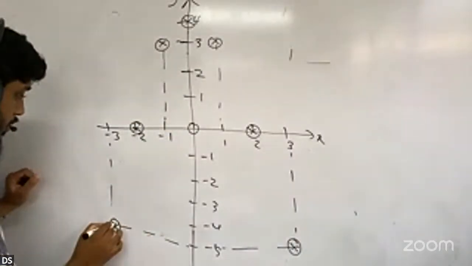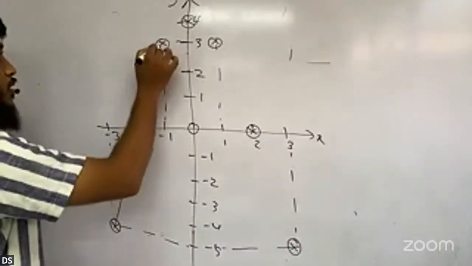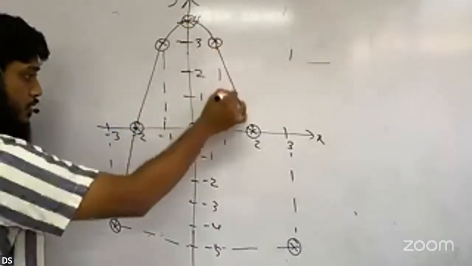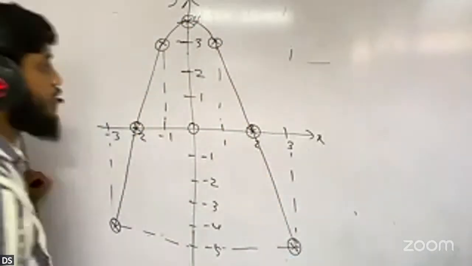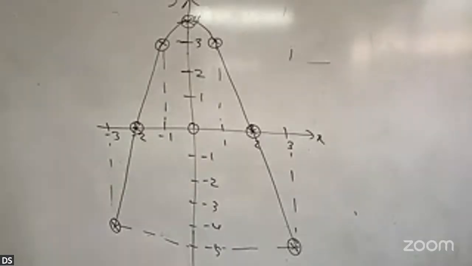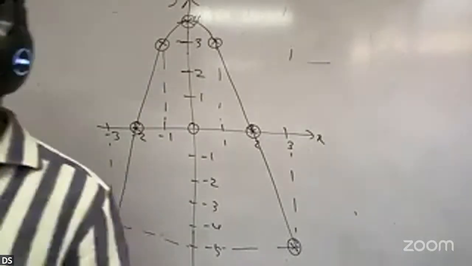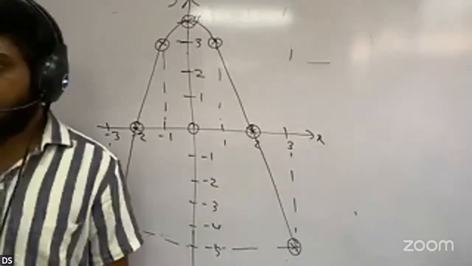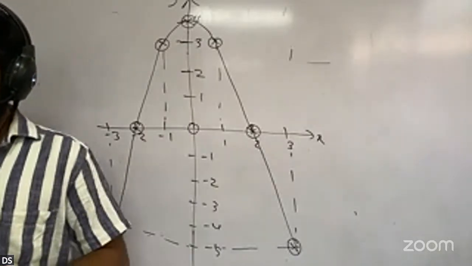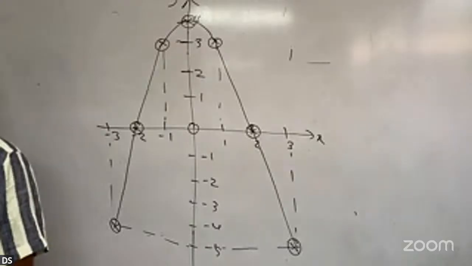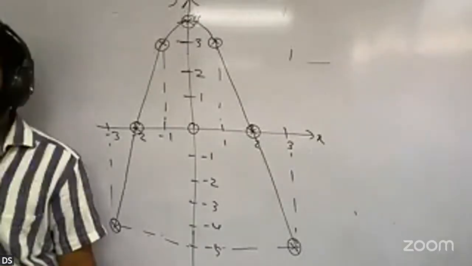Now what can you do? You have to draw this as a smooth curve like this. Legally you shouldn't use rulers. Illegally you can.